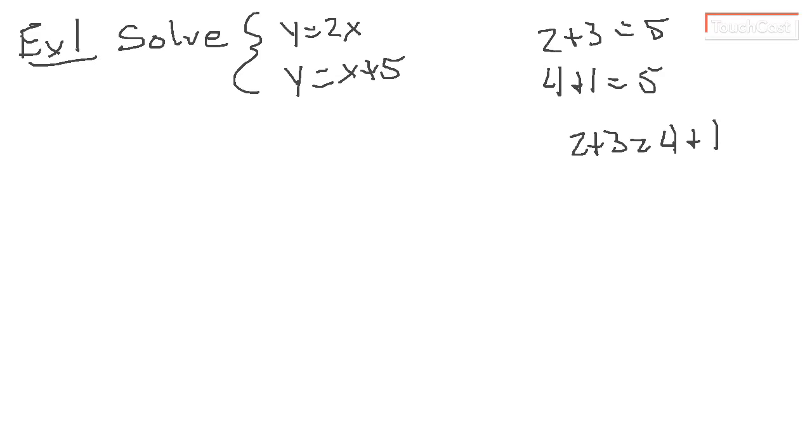Well, we can use that idea with this system of equations. We have y equals 2x, and then we have y is equal to x plus 5. In this case, y is like the 5 from what we just did off on the side. So what we can do is just set those 2 equations equal to each other.